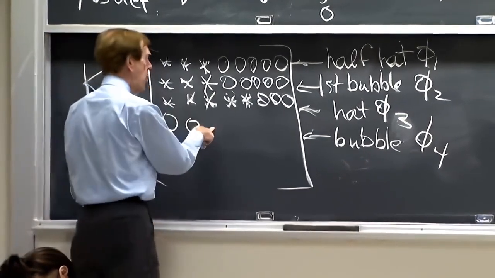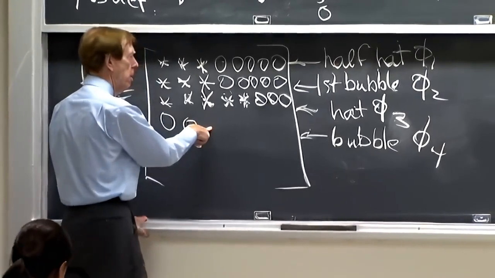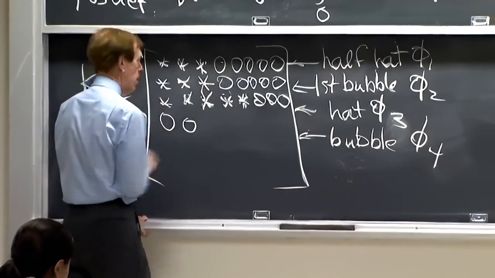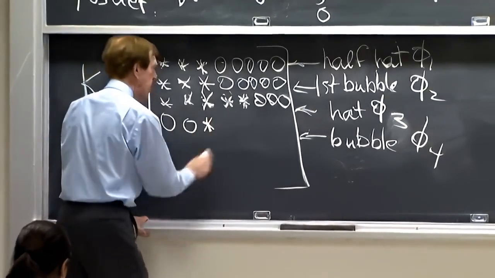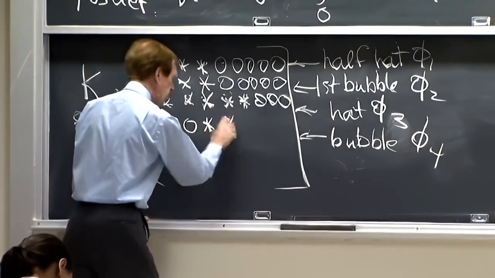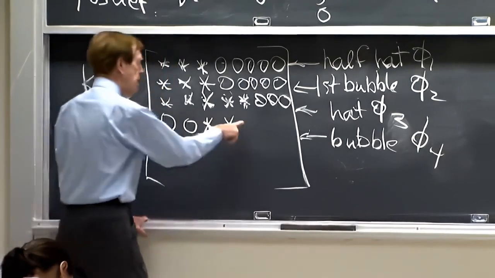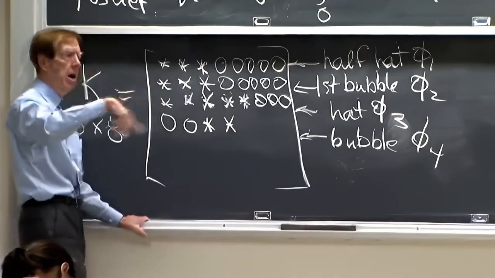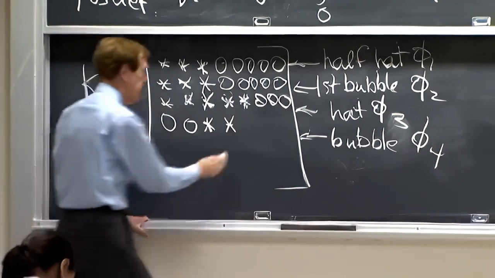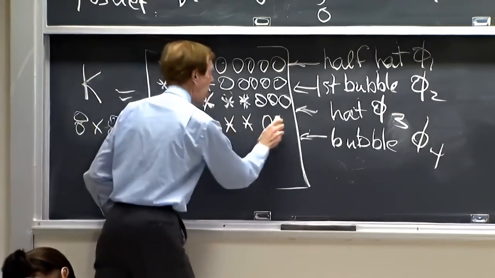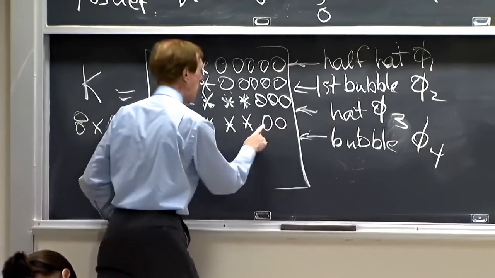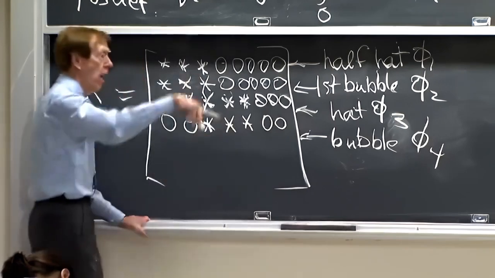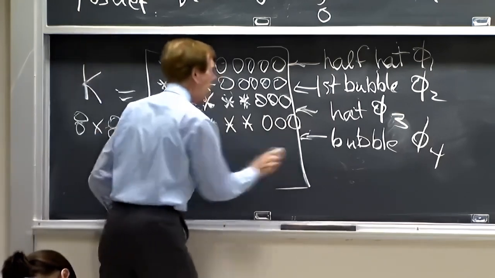Does the second bubble overlap the hat? Yes. Does the second bubble overlap itself? Certainly. On the diagonal we have something. Does the second bubble overlap the next hat, phi 5? Yes. And that's it. I think the second bubble does not overlap the following bubble.